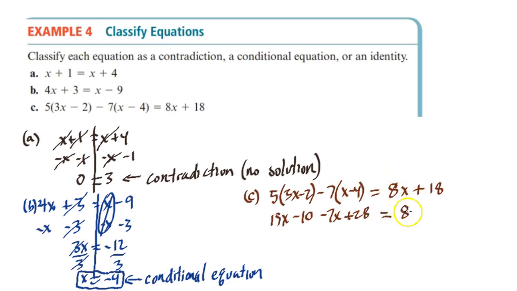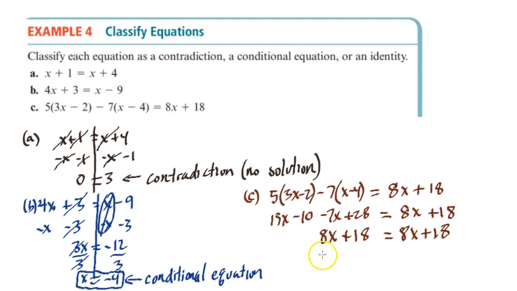and we get 8x plus 18, bring that down, and then we're still simplifying the left side. We're not done yet. We have some like terms, and we are left with 8x, negative 10 plus 28 is plus 18. That's equal to 8x plus 18. And we notice at this point that we have the same thing on the left and right side of the equation.